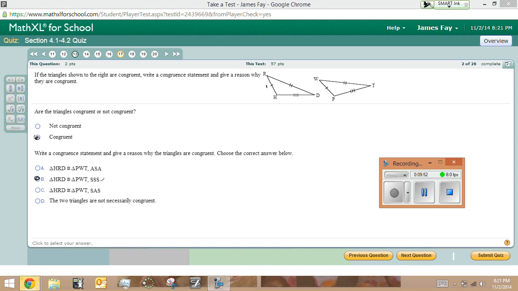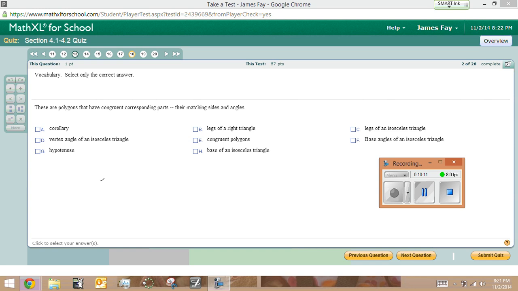Notice we travel down one side and then 2 sides to name that, or one hash, one tick, down 2 ticks. So H to R, R to D. So we name the second one P to W, down 1 hash mark, and then W to T, down 2 hash marks. So it's the same exact pattern. These are polygons that have congruent corresponding parts. They're matching sides and angles. That's congruent polygons.